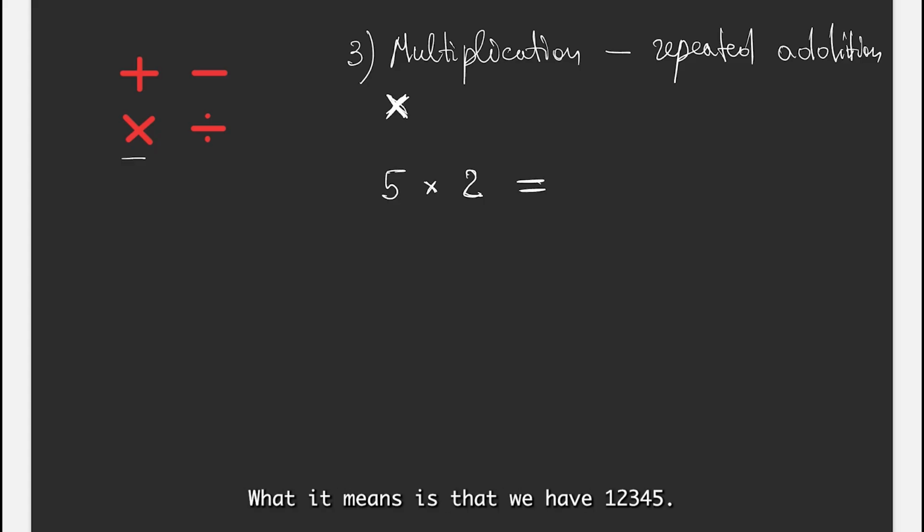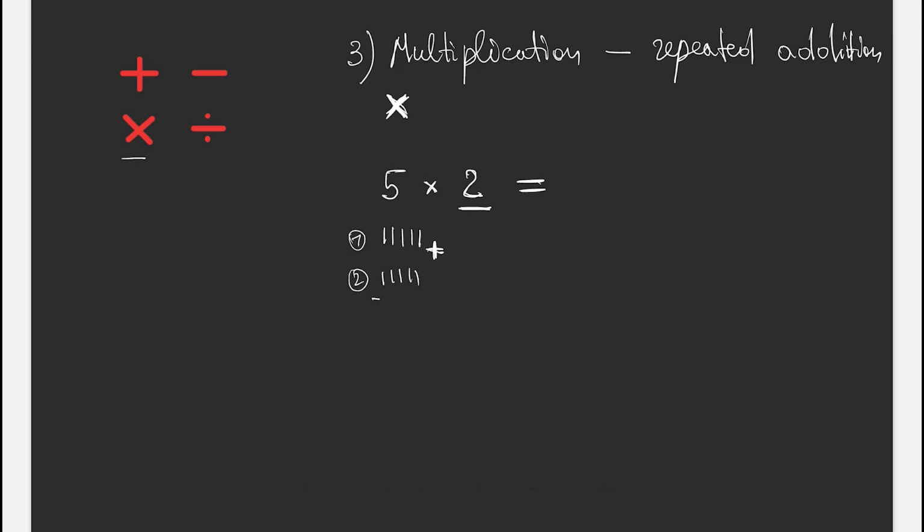What it means is that we have 1, 2, 3, 4, 5, repeated addition. It's an addition, and it's repeated how many times? 2 times. So you have one time 1, 2, 3, 4, 5, and second time 1, 2, 3, 4, 5. And in total we have 5 plus 5 equals 10, right?